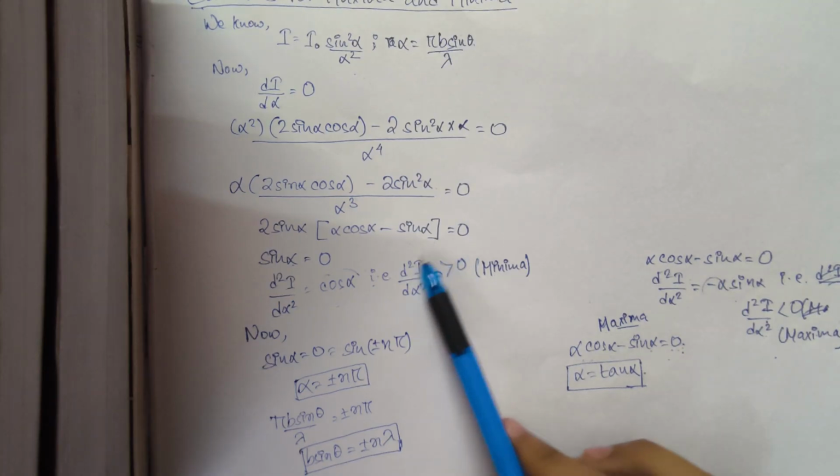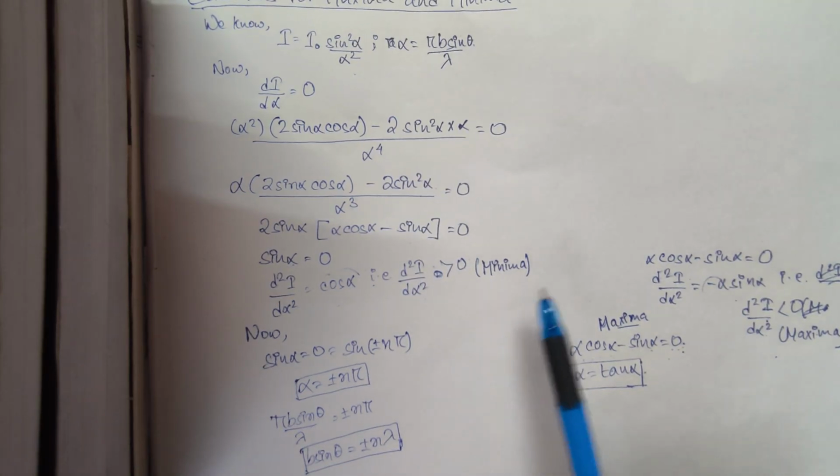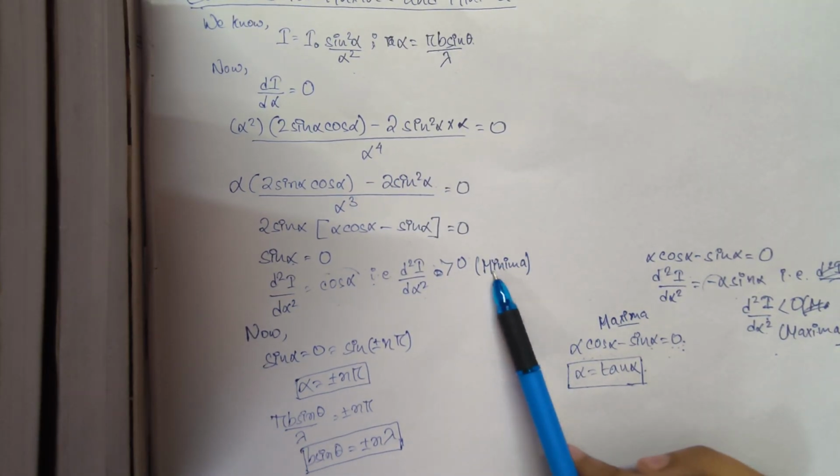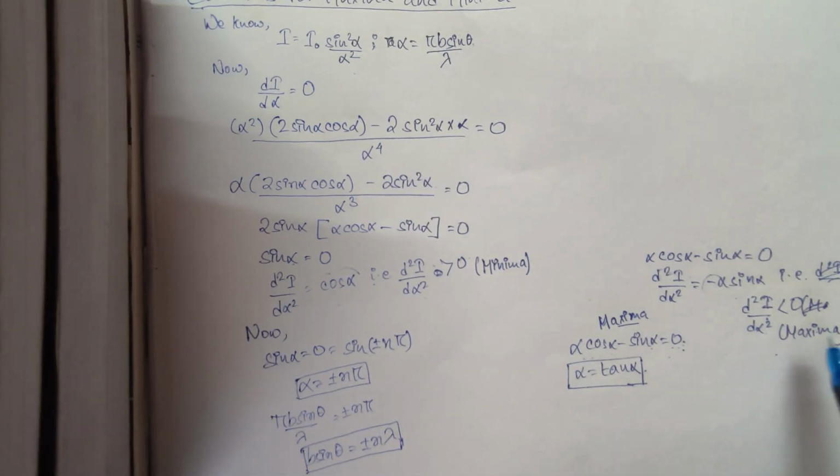When the double derivative gives a positive value, we say it is the condition of minima, and when it gives a negative value, we say it is the condition of maxima.